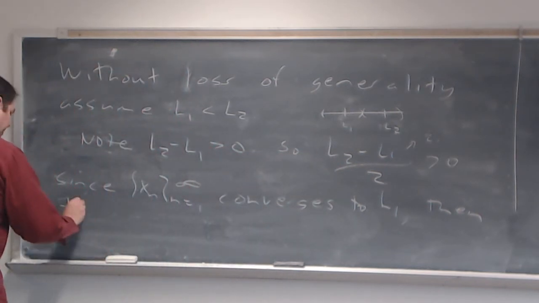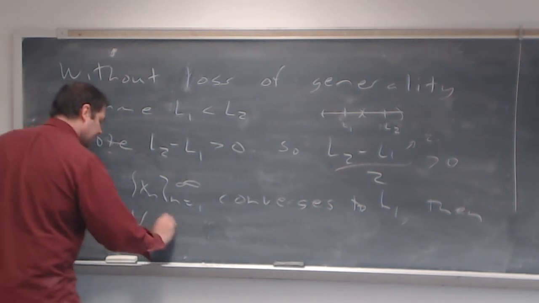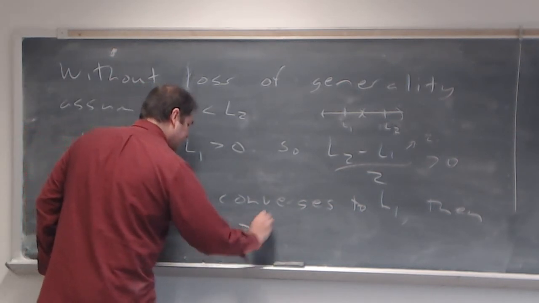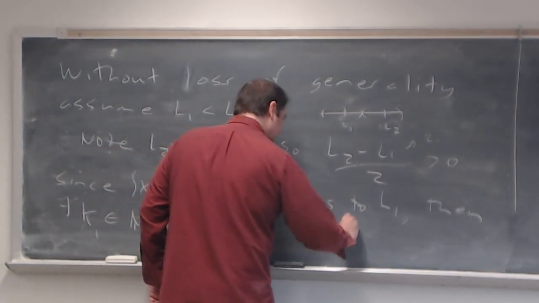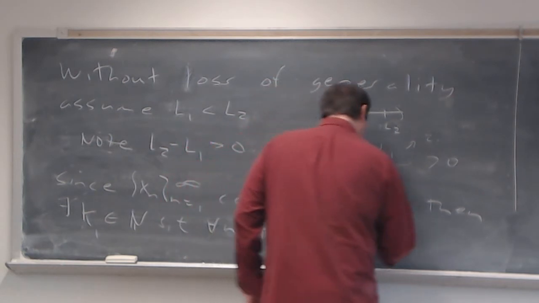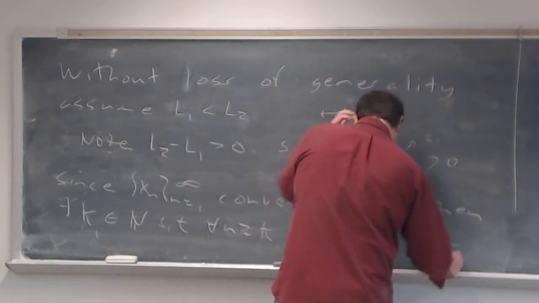There exists a spot, I'm going to call it K sub 1. It's a natural number, such that for all n bigger than or equal to K, the absolute value of x of n minus L sub 1 will be less than L2 minus L1 over 2. That's my epsilon.